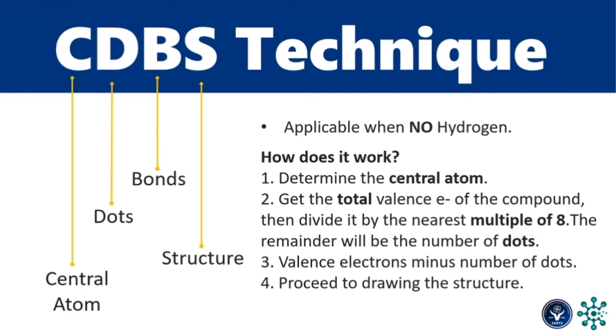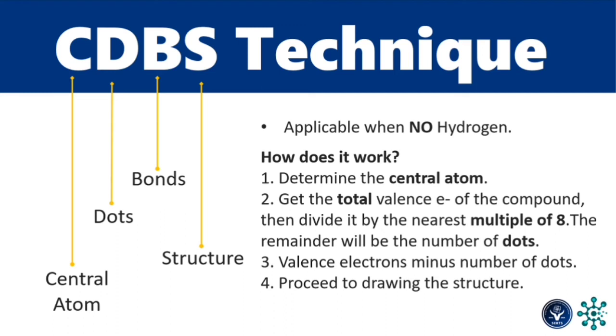Second is to get the total valence electrons of the compound or of the structure, then divide it by the nearest multiple of 8. The remainder will be the number of dots. Next is to subtract the number of dots calculated from the number of valence electrons the central atom has. And then lastly, proceed to drawing the structure.